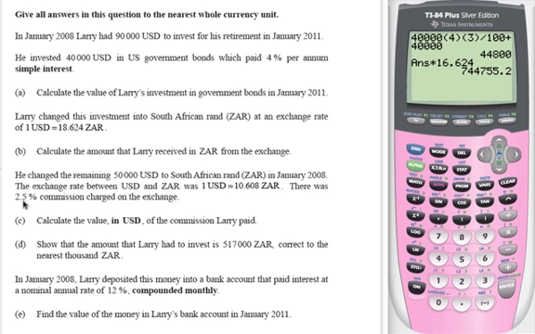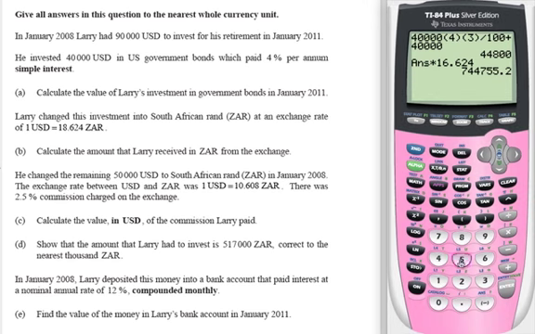So Larry paid 2.5% off his 50,000 US dollars. So that's 50,000 times 0.025. That's going to give us 2.5% of 50,000. All right, so 1,250.